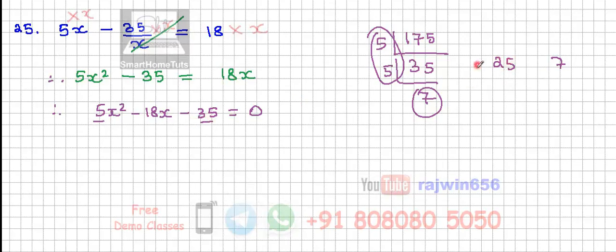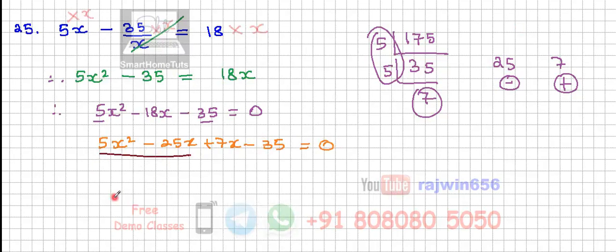Obviously the middle term is negative, so the bigger factor is going to be negative. So I'm going to have minus 25x and plus 7x. The middle term will be split: 5x square minus 25x plus 7x minus 35 is equal to 0.